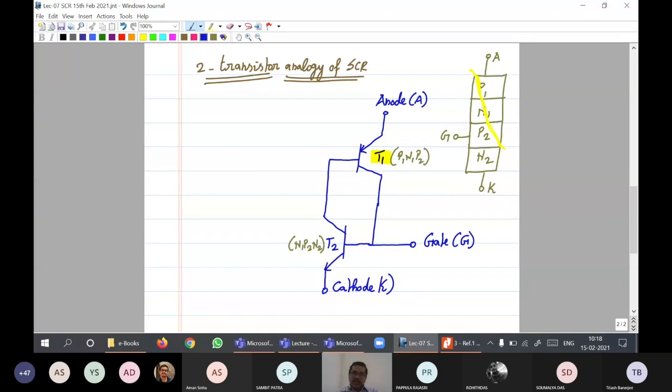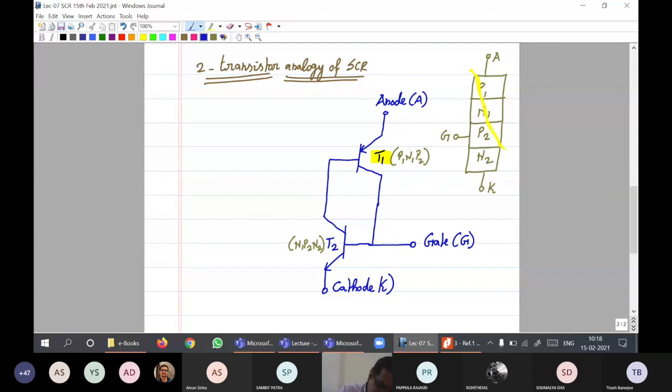I explained that the SCR needs only a very small pulse width. Once the SCR is turned on, the gate pulse can be removed. That was the justification I gave during the lab session in simulation. Today we will understand what is happening inside the SCR, and why only a small gate pulse is sufficient. The reason is a positive feedback that is occurring.